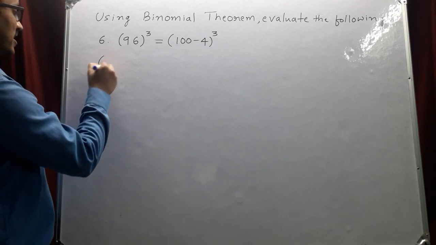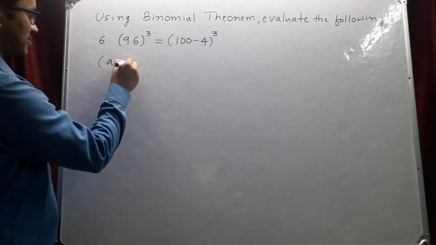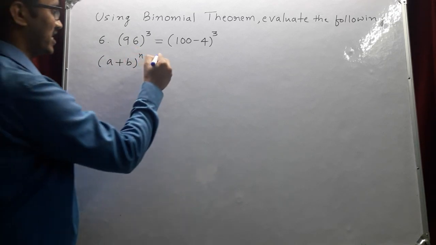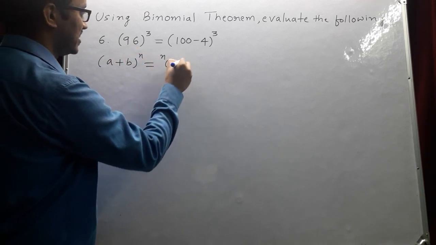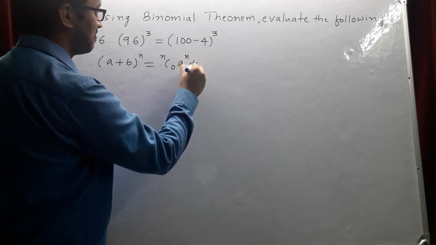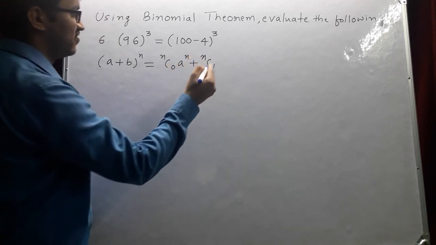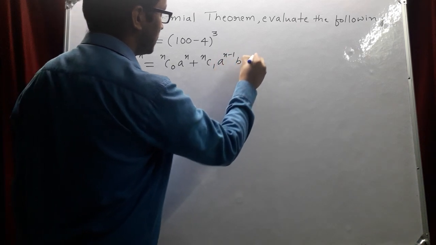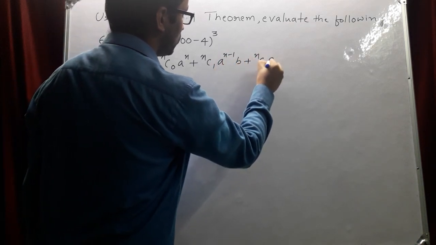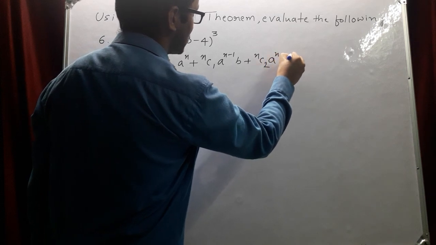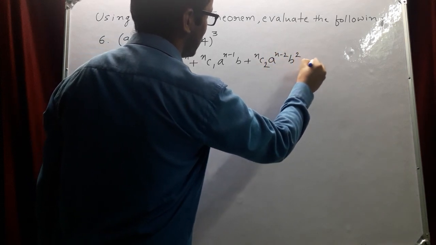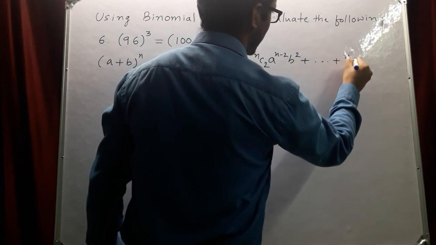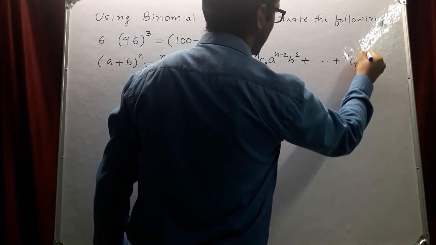The binomial theorem for positive integer n is given by (a plus b) power n is equal to nC0 a power n plus nC1 a power n minus 1 b plus nC2 a power n minus 2 b square, and so on, up to nCn b power n.